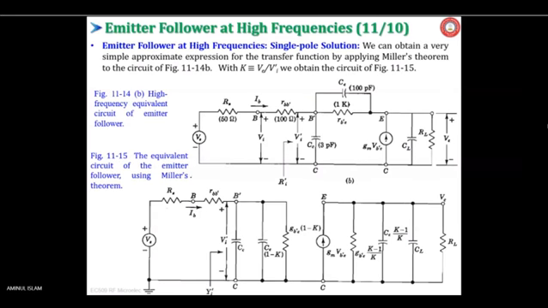Now we can obtain a very simple approximate expression for this transfer function if we apply Miller's theorem. See, if we apply Miller's theorem here for this resistance and for this capacitance, you can split it and write this Ce. This can be written as Ce into 1 minus K, where K is defined as the gain from this point to this point.